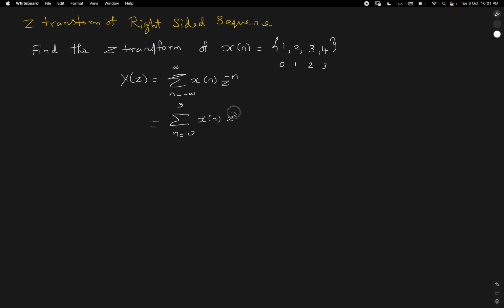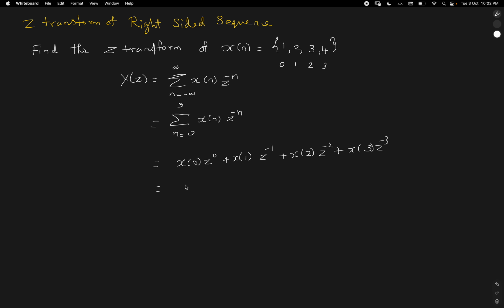Substituting the values of n, this equation becomes x of 0 z power 0 plus x of 1 z power minus 1 plus x of 2 z power minus 2 plus x of 3 z power minus 3. Here we know the values of x of 0, x of 1, x of 2 and x of 3.